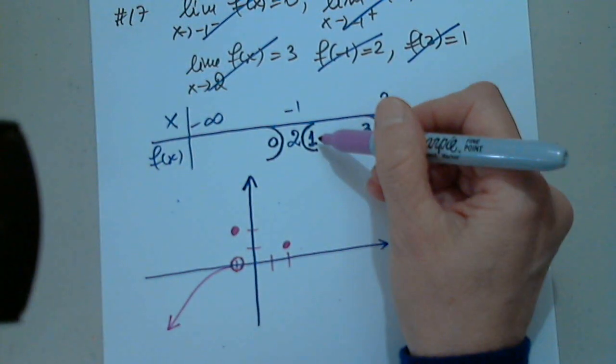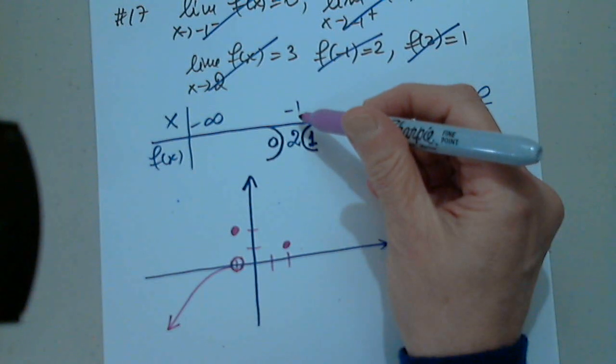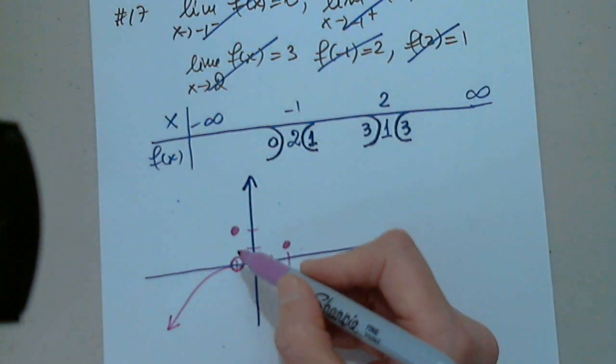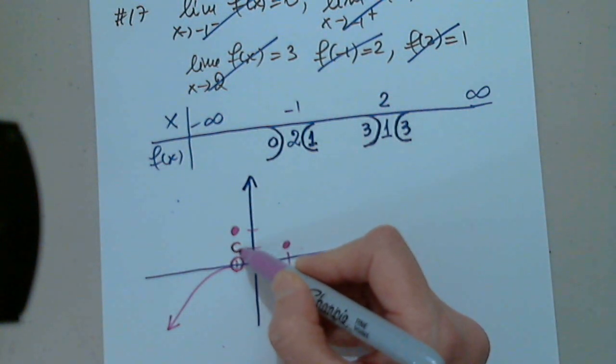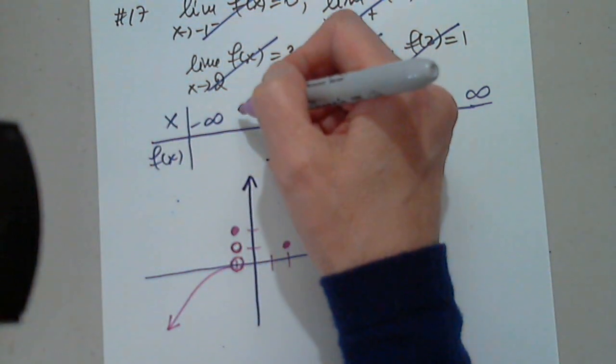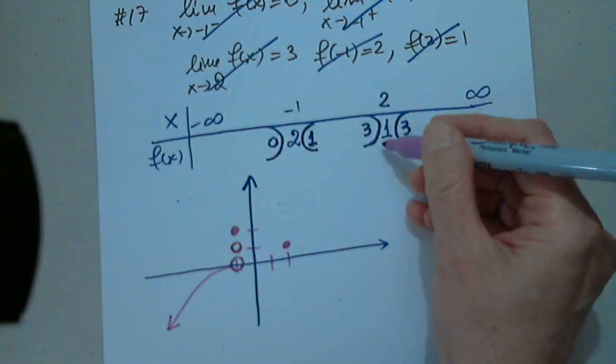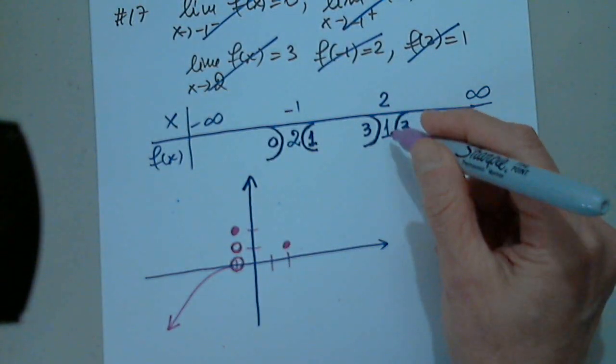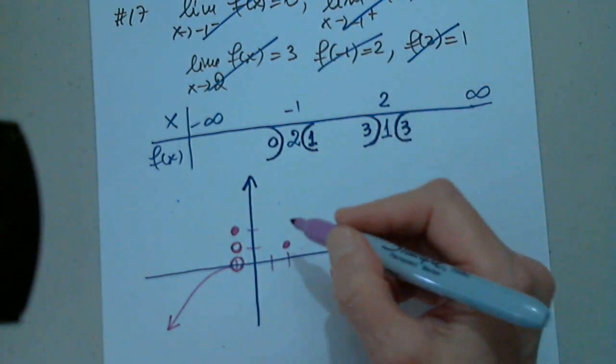The limit from the right-hand side of -1 is 1. But I have to be careful. I can put a vertical asymptote if I want to, but I leave it alone for a moment. Let's see on this side: (2, 1), and then the other side, 3.